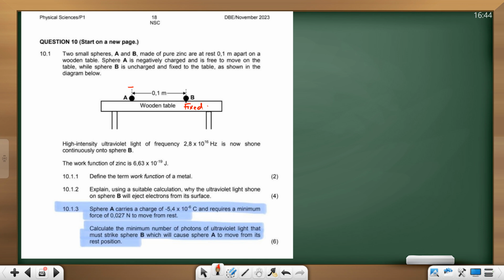High intensity ultraviolet light of frequency f is now shone continuously on B. The work function of zinc is 6,63 times 10 to the power negative 19.